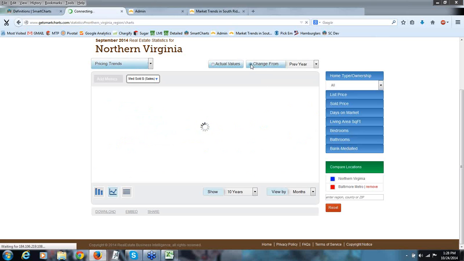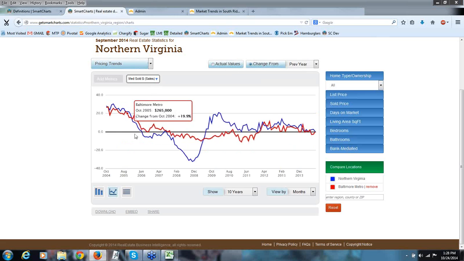If we look at this as change from previous year, we can see that huge decrease in Northern Virginia, whereas Baltimore Metro was a bit more moderate in its pricing correction. Then there was a huge increase in the 2009 timeframe, once housing came roaring back in Northern Virginia because of demand, whereas Baltimore Metro's pricing bottomed out really in 2011, early 2012, and they've been okay ever since.